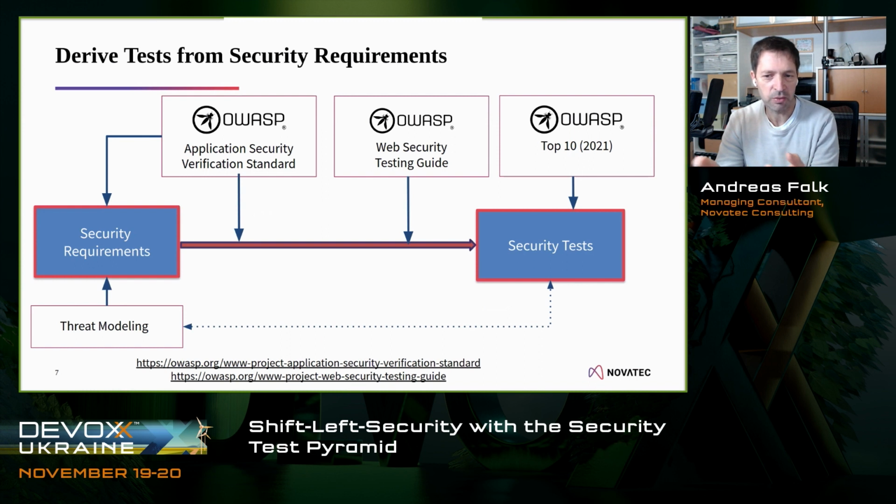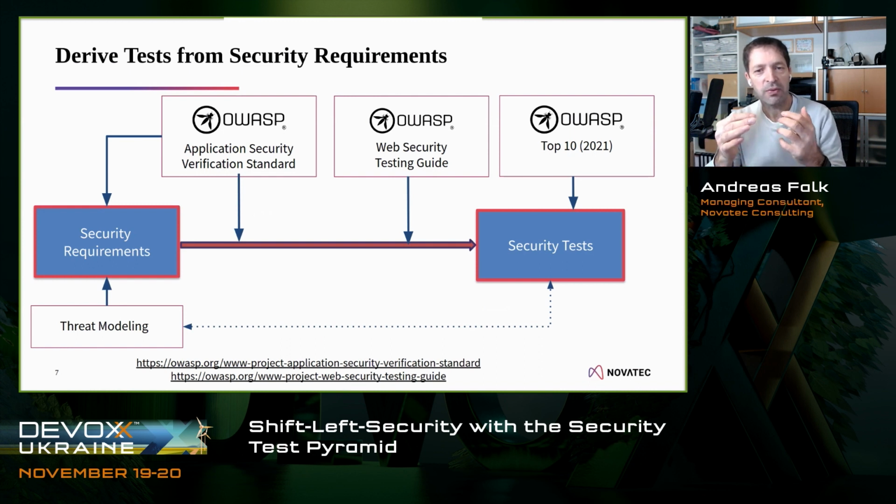Without that, you would write just some greenfield security tests that are really general tests that don't face the concrete security problems of your application. So for that, you typically do a threat modeling on your project to find security requirements. You have your usual business requirements that have to be checked against security requirements.